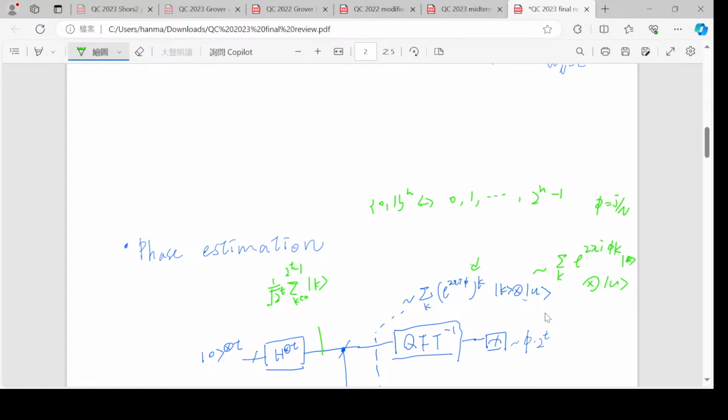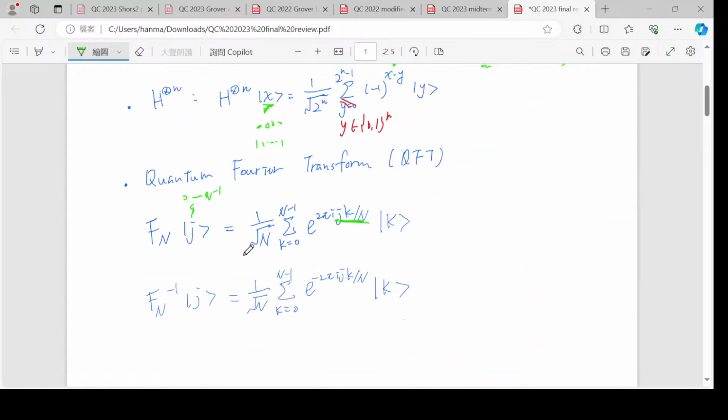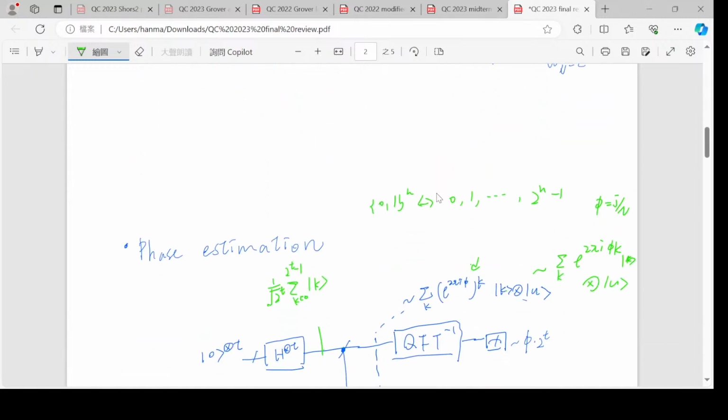So j equals phi times big N, which equals phi times 2 to the t. This is assuming phi is an integer multiple of 1 over 2 to the t.